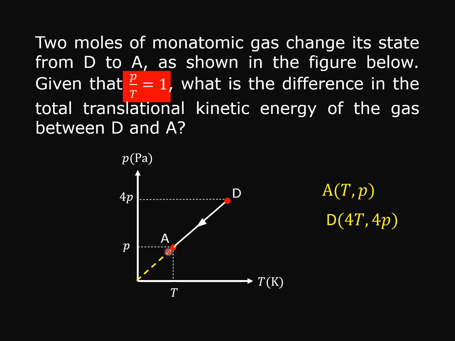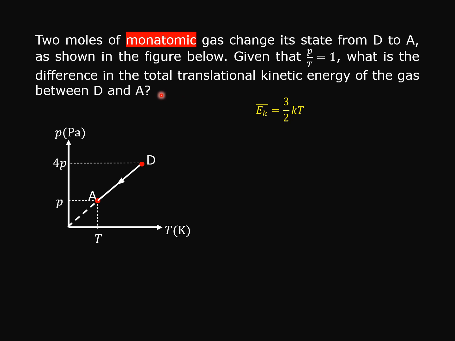Therefore, for state A, when the pressure is P, the temperature is T. Since the gradient is equal to 1, when the pressure is 4P for state D, the corresponding temperature for state D should be 4T. So now we have the coordinates for the two states: for A, the coordinate is (T, P), and for state D, the coordinate is (4T, 4P).